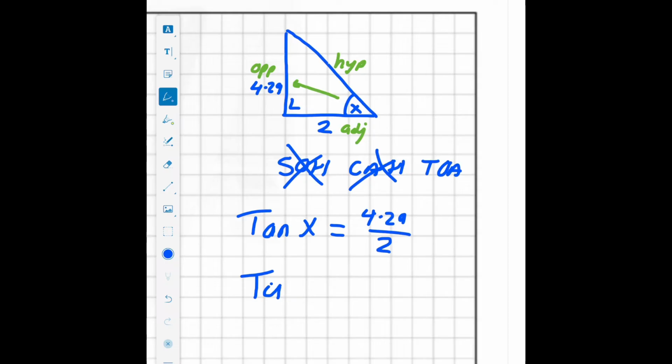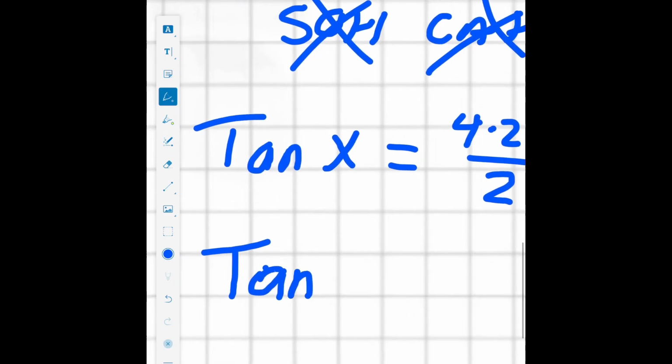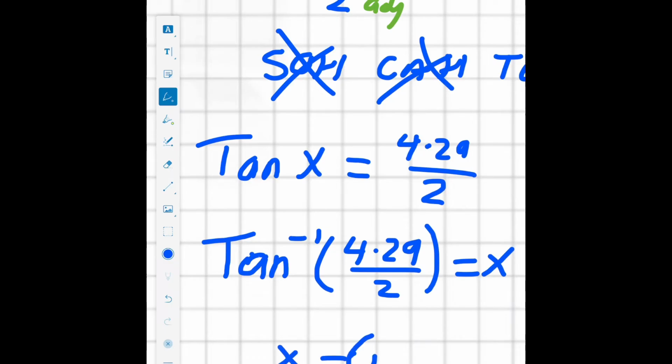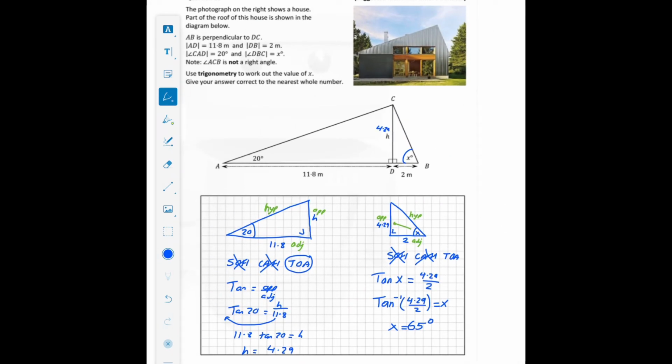So it's going to be tan minus 1 of 4.29 all over 2 is equal to X. Send to my calculator. So tan minus 1 of 4.29 all over 2. So X is equal to 65 degrees. Okay, again, sounds like a reasonable answer.